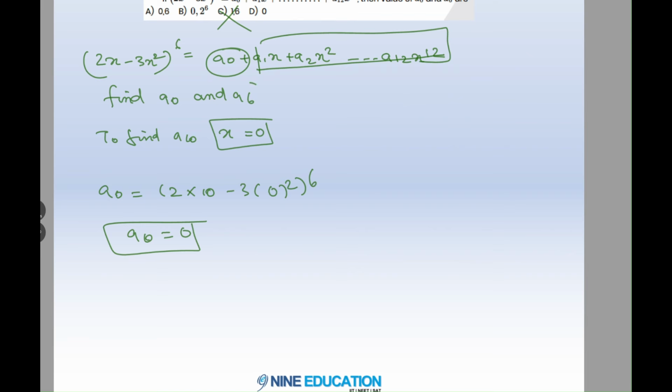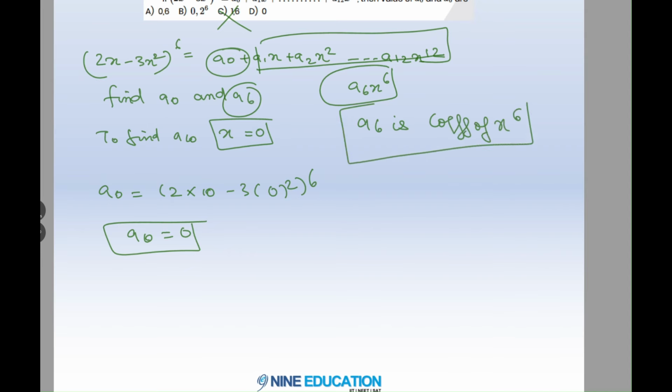Now we find a6. What is a6 basically? a6 is the coefficient of x power 6. So what we want to find is basically the coefficient of x power 6 in the particular expansion. This is your expansion.